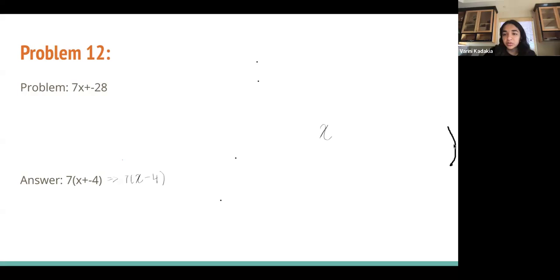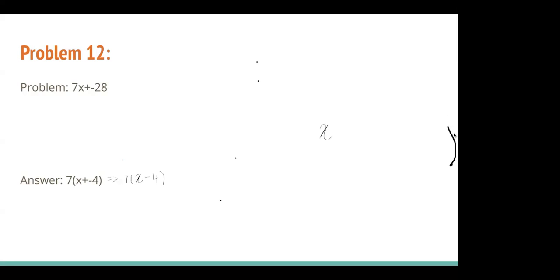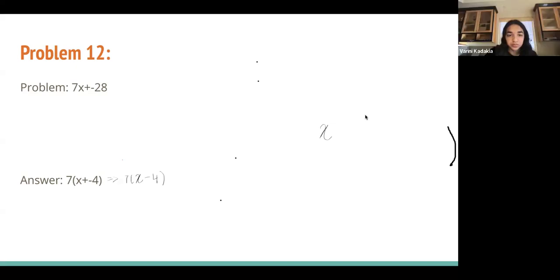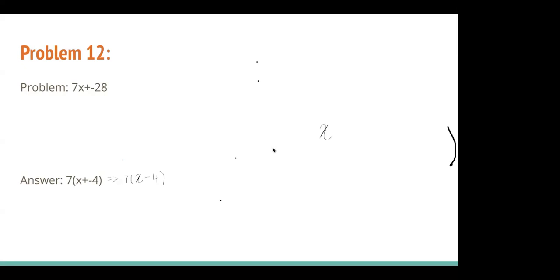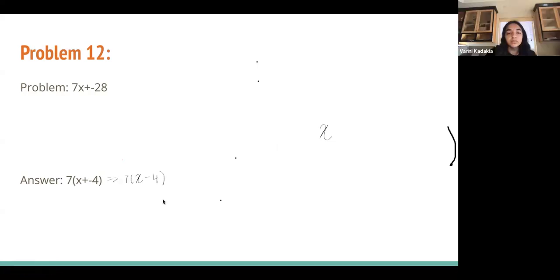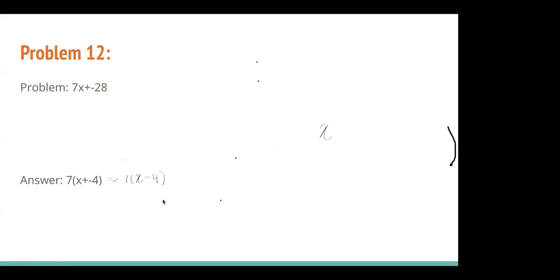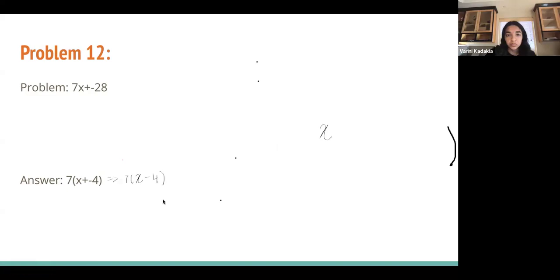Brother said the answer was 7 bracket x plus negative 4. And you said I can make it 7 bracket x minus 4. His handwriting, it was negative 28 divided by 7 equals 1, or was it 14? So negative 28 divided by 7 gives you negative 4.